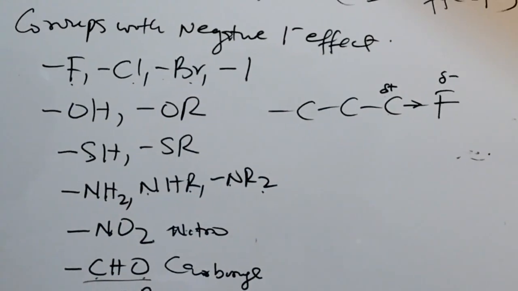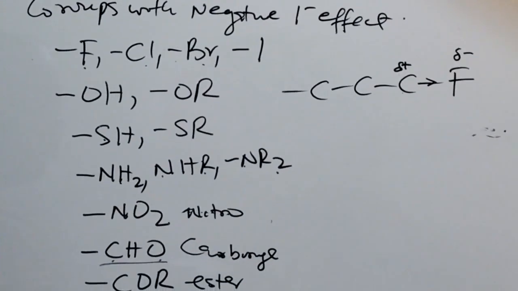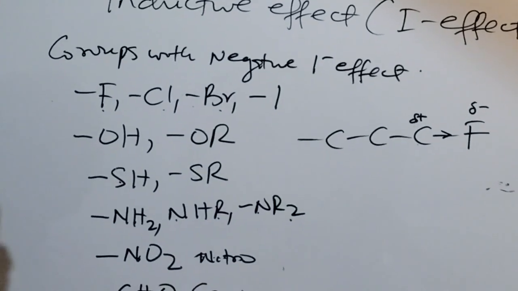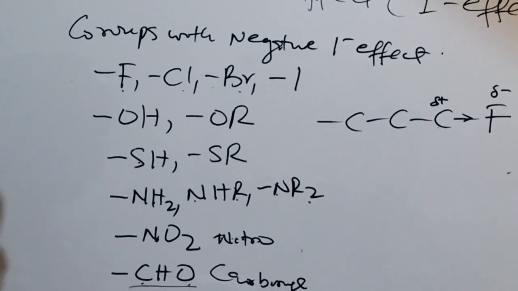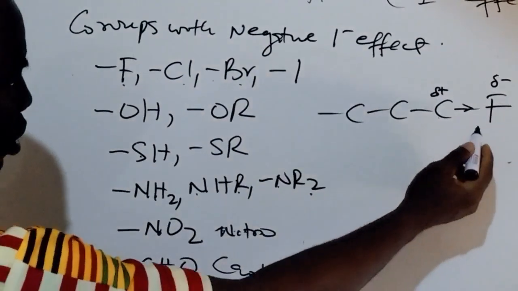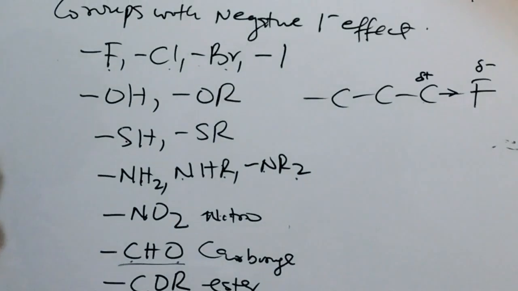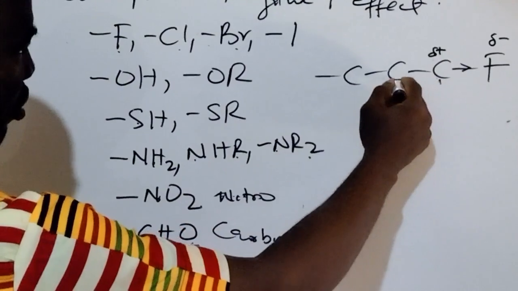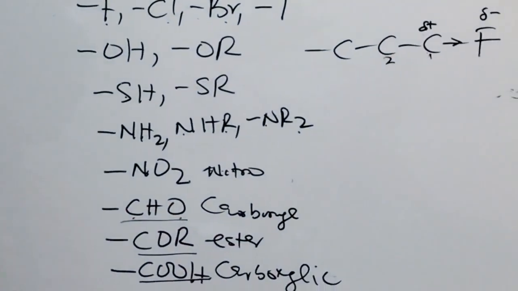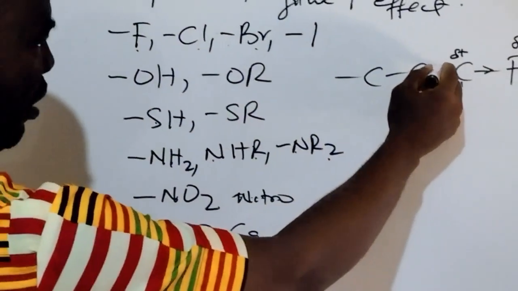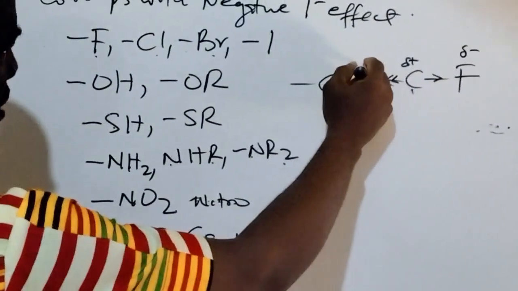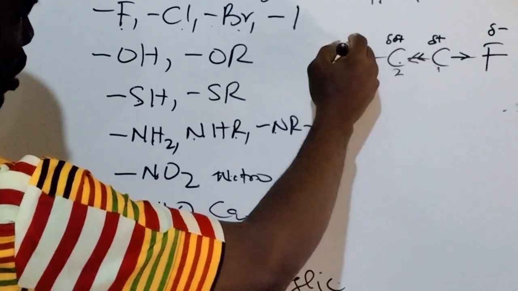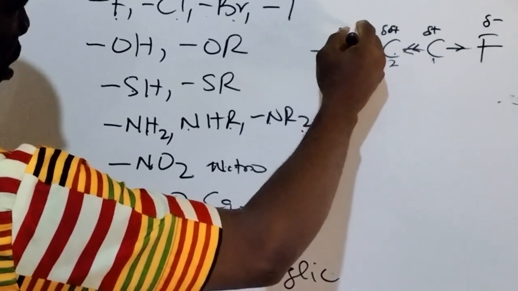We have to know that the inductive effect operates over a short distance. That is, it operates within maybe two or three bonds away from the electronegative or electropositive element. After the second carbon, the inductive effect tends to decrease in intensity. So we put delta plus for the first, delta delta plus for the second, and a smaller partial sign for the third.